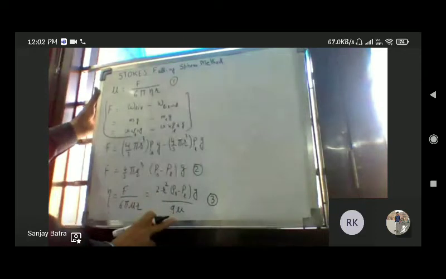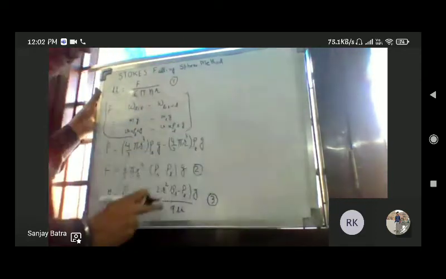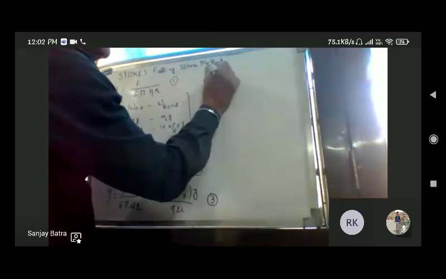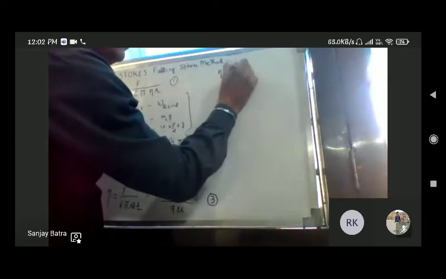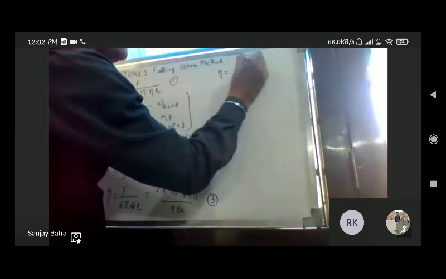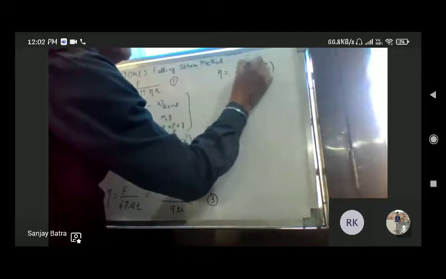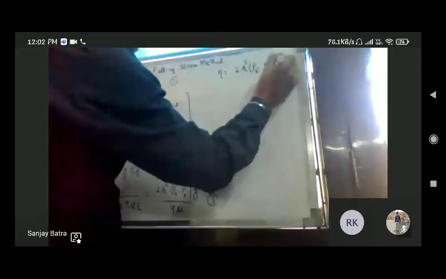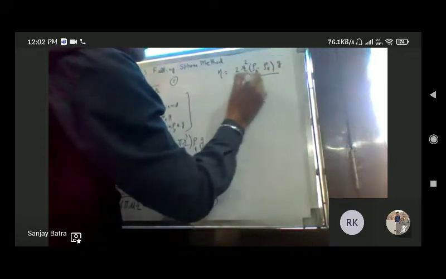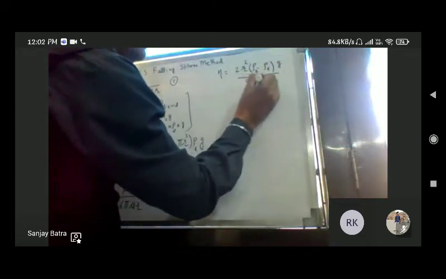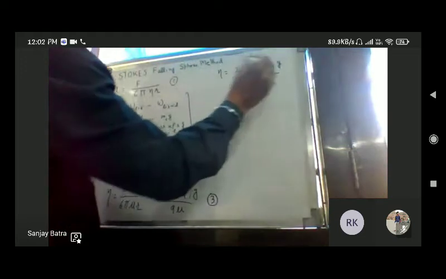So now what we are going to do, we are going to use this equation now. This is neta equal to 2r square (rho s minus rho l) into g upon 9u. Now there are 2 ways to use this equation.